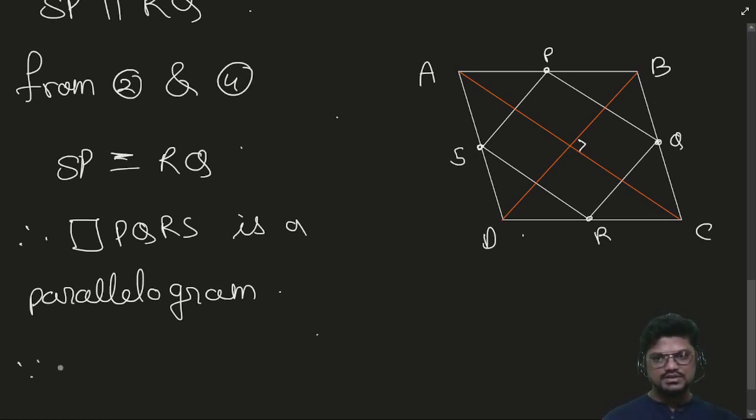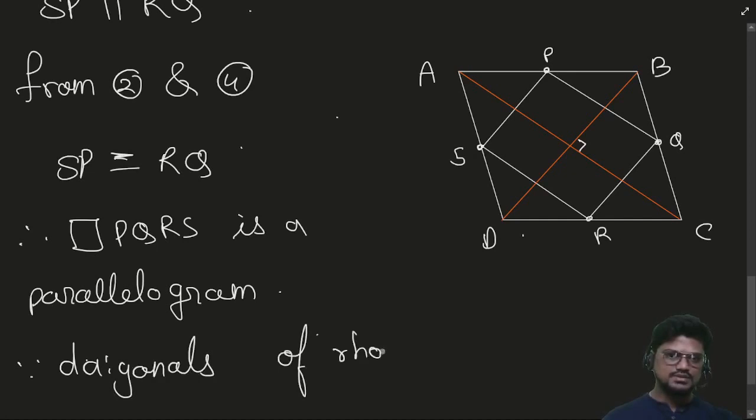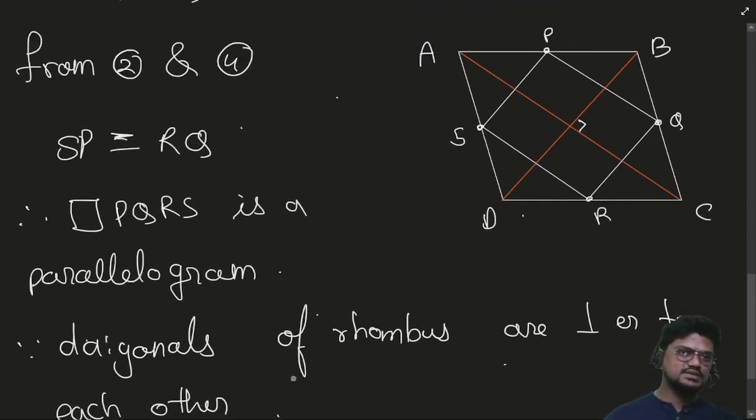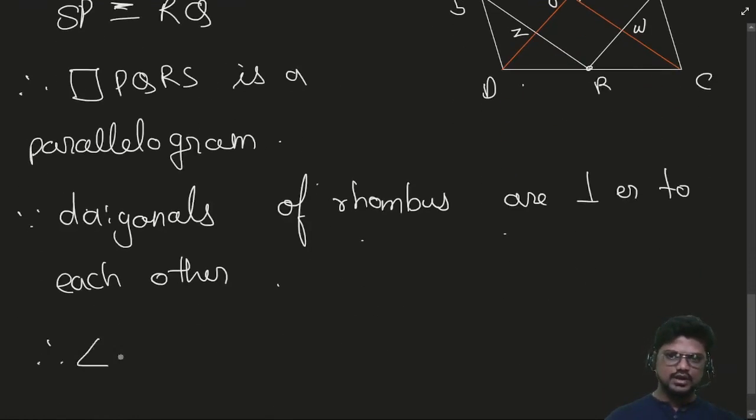Since diagonals of a rhombus are perpendicular to each other, therefore if I say the vertices are X, Y, Z and W, and this is O, angle XOW equals 90 degrees.